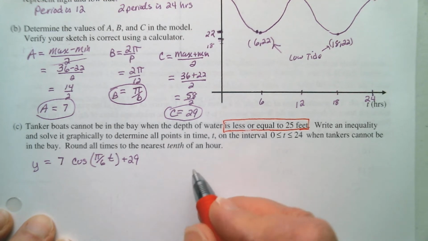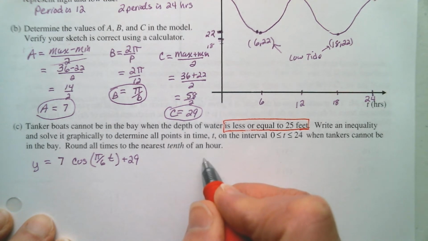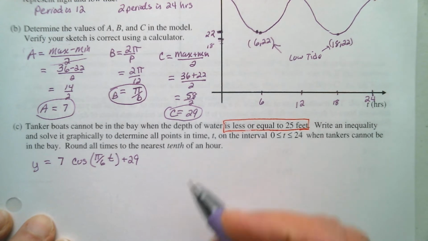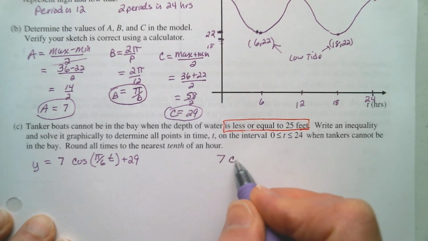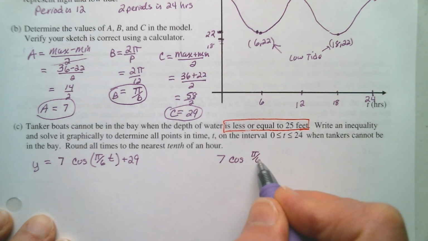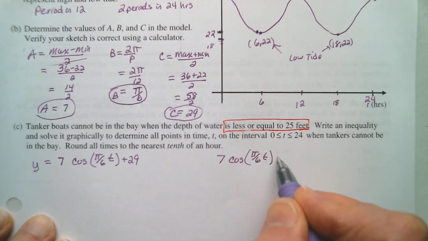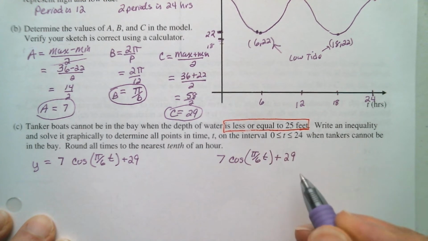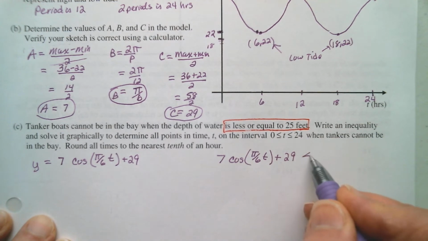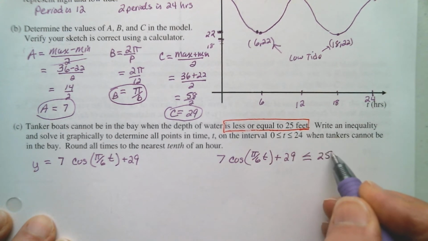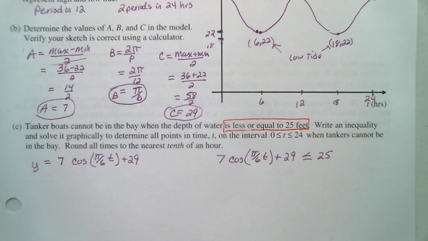So that means our 7 cosine pi over 6t plus 29 is less than or equal to 25.